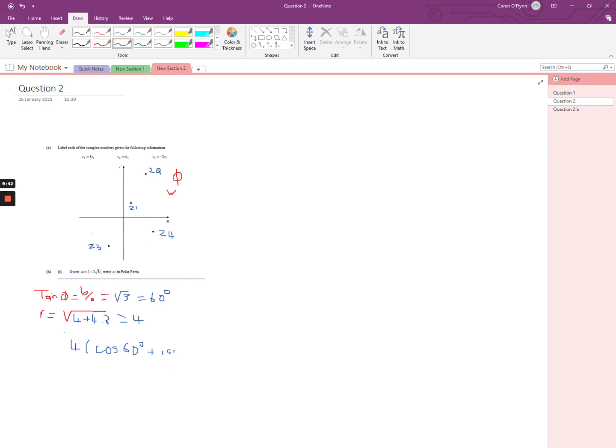So 4 cos 60 plus i sine 60 degrees, in polar form, and that's fine.